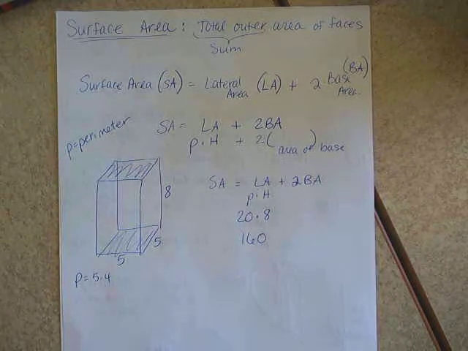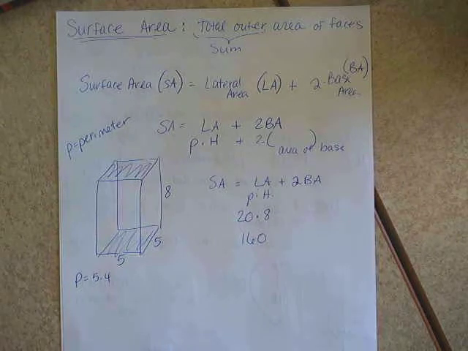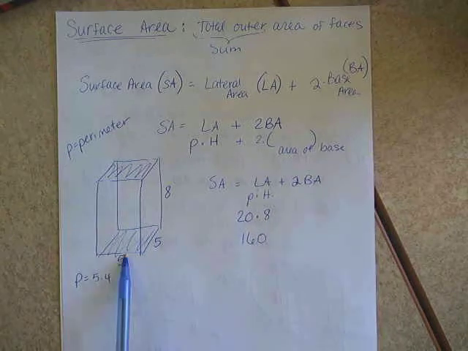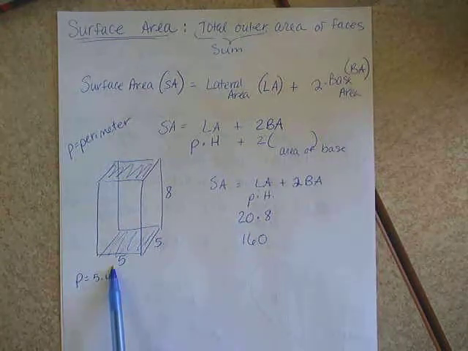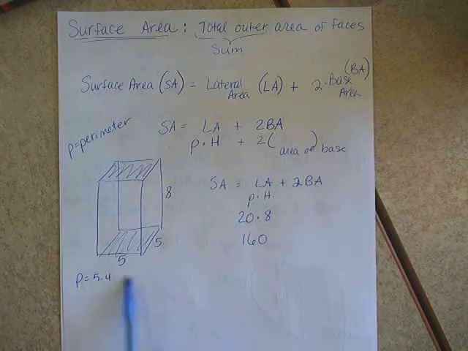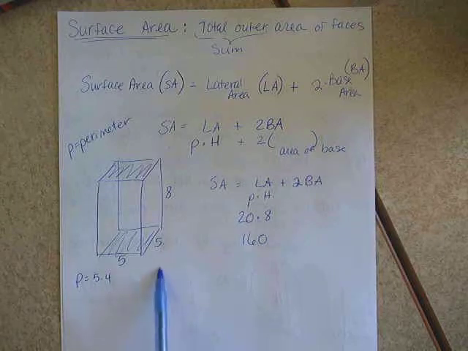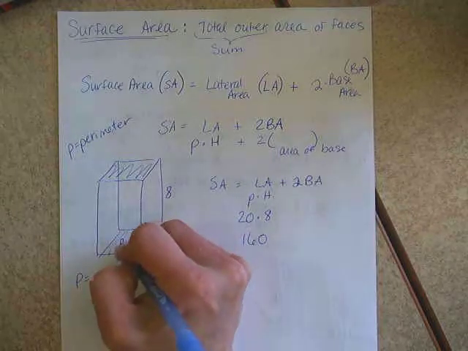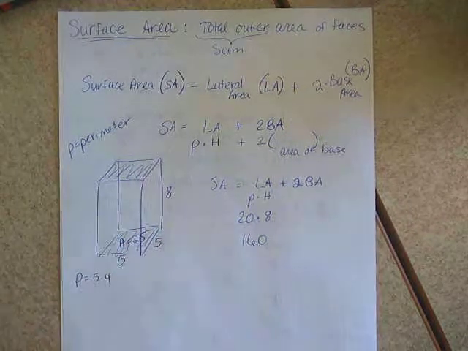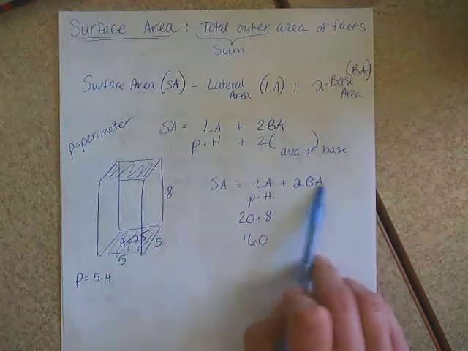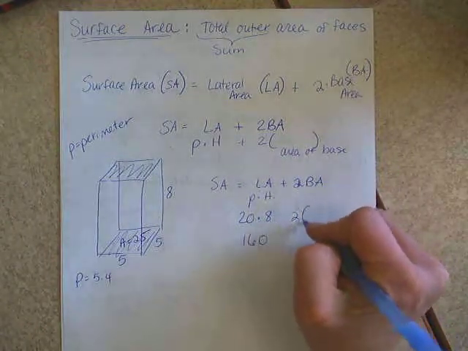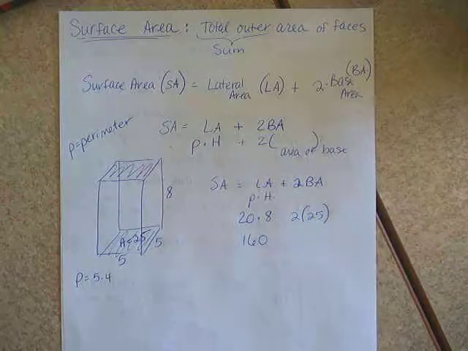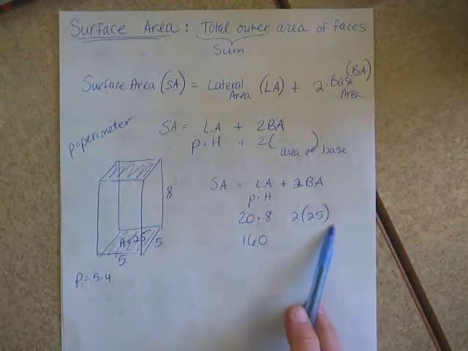My height is the height of my prism, because I have to get that big rectangle covering my lateral, so that would be times 8. So my lateral area is 160 square units. That's covering everything but the bases at this point. Now I need to look at the bases. You said those are squares, so area of a square would be side squared, right?